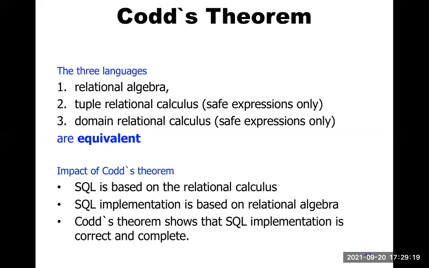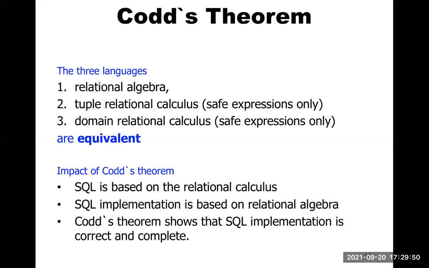And the last thing is Codd's theorem. Codd proved that all three languages, relational algebra, safe expressions from tuple relational calculus, and safe expressions from domain relational calculus, are all equivalent. What does it mean? As SQL is based on relational calculus, what we write in SQL expressions is essentially relational calculus.